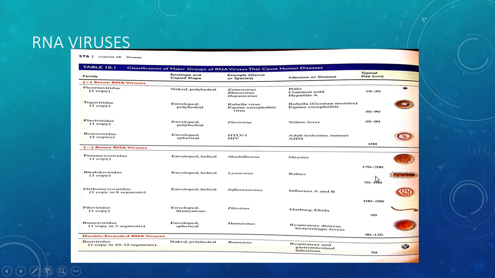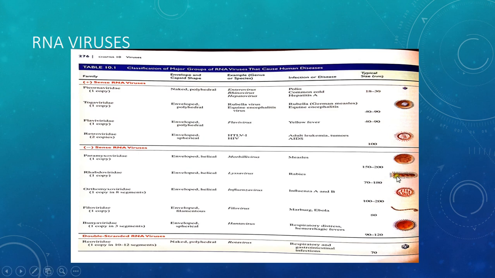Then we have Rhabdoviridae. Rhabdoviridae also has one copy of negative sense RNA. Rhabdo is a Greek word for rod. They consist of medium-sized enveloped viruses. Although these viruses have an envelope, the capsid is helical and makes the viruses nearly rod or bullet shaped.